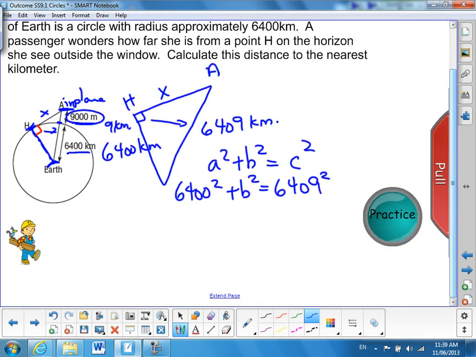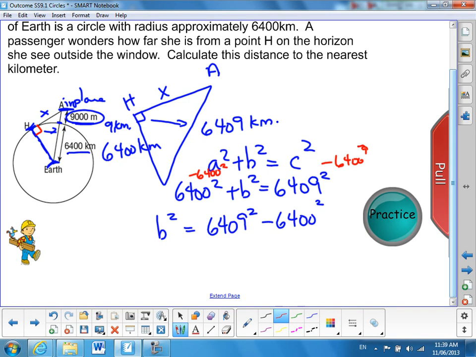There's two ways to do it. We could square them, but we could actually move this first. So b squared equals 6409 squared minus 6400 squared. That should be a squared.